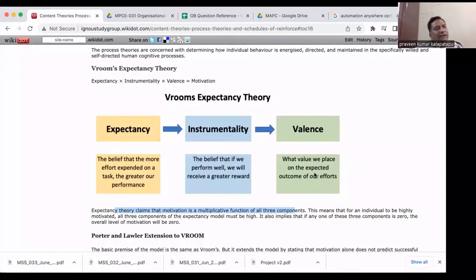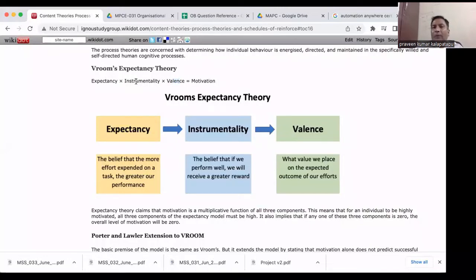And somebody said that this reward is going to be 100 rupees. Will I be motivated to do that? No, because my value for that particular reward is less. My motivation is brought down, right? So it is a multiplication factor. Even though I know these two aspects very well, my value is less, so the entire motivation came down.